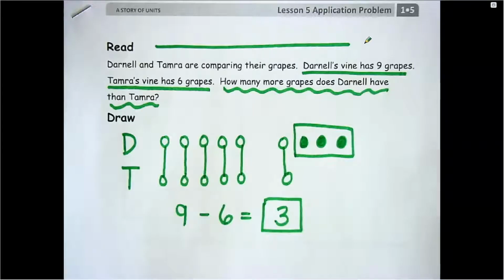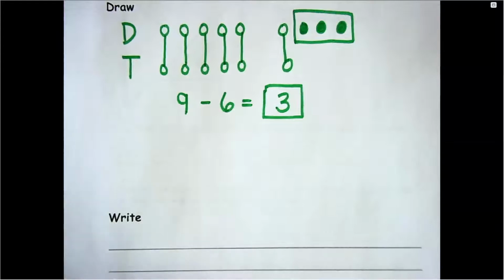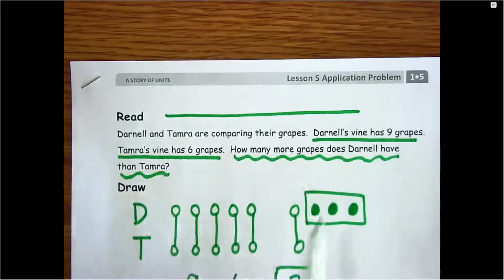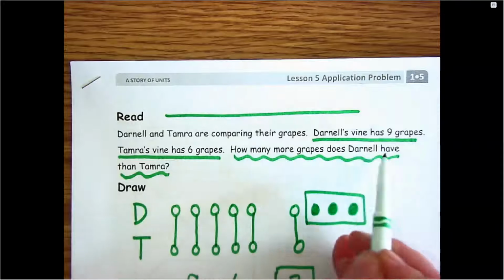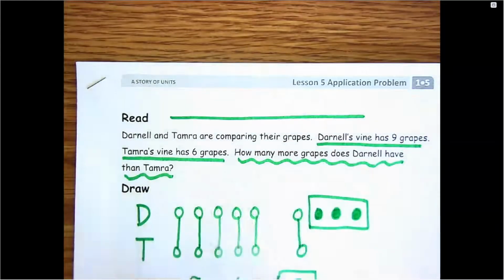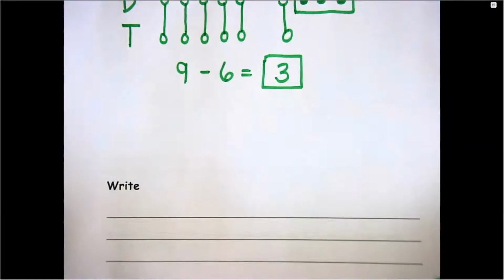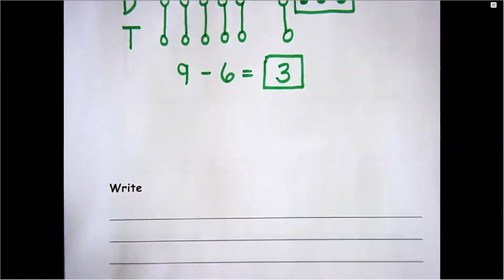Okay, what do we need next? You know, we need an answer statement. That's why they ask us to write at the bottom, right? So the question is, how many more grapes does Darnell have than Tamra? And we need to say, Darnell has blank more grapes than Tamra. How many more? Are you shouting 3 at me?